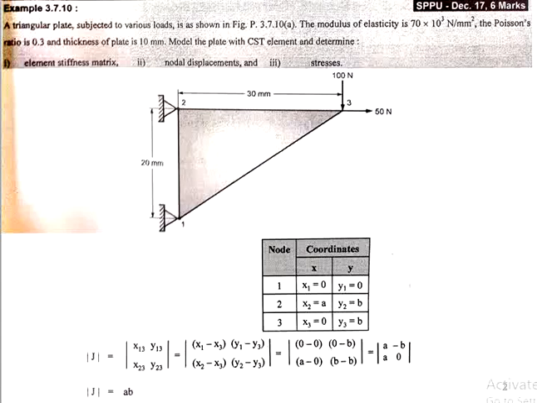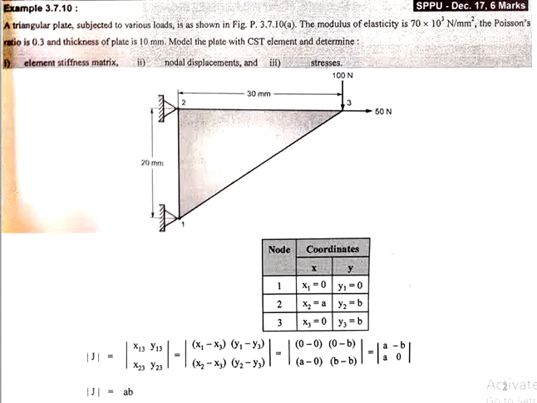So in this video we'll try to solve the second type of numerical, that is, deformations are not given and we need to calculate displacement, stiffness, strain and stresses. So according to the problem statement, a triangular plate is subjected to various loads as shown in the figure.